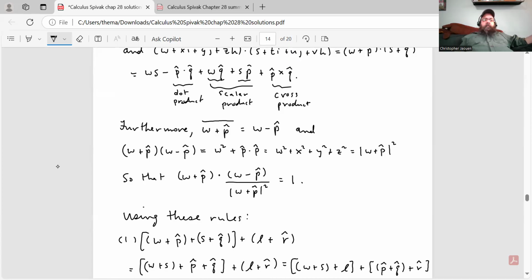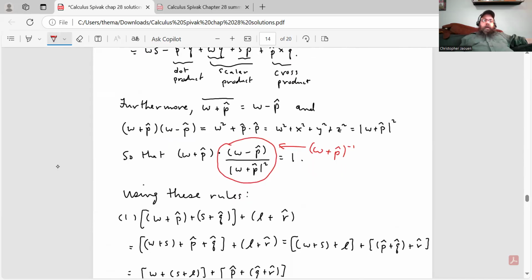So if you multiply W plus P hat by W minus P hat over the norm of W plus P hat squared, you get 1. In other words, this number here is the multiplicative inverse of that quaternion. So this element here is W plus P hat inverse. And notice that it itself is still a quaternion.